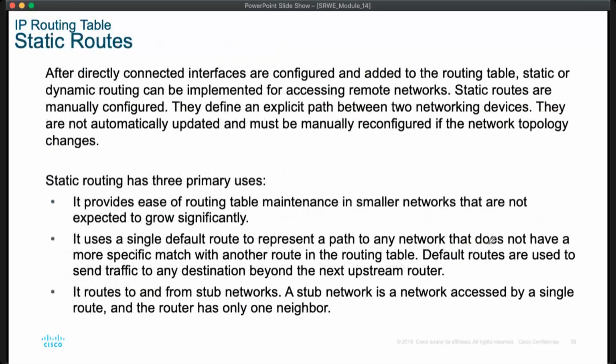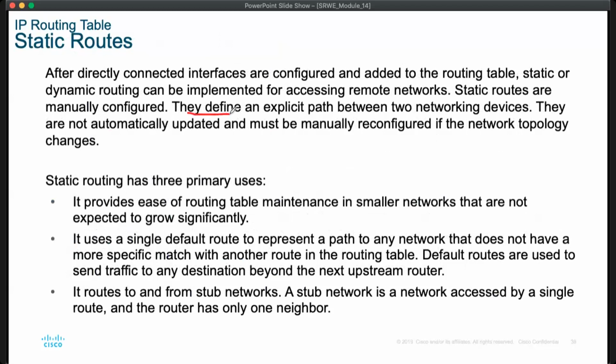Static routes. After directly connected interfaces are configured and added to the routing table, static or dynamic routing can be implemented for accessing remote networks. Static routes are manually configured. They define an explicit path between two networking devices.